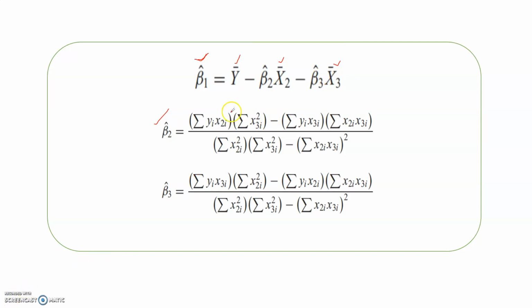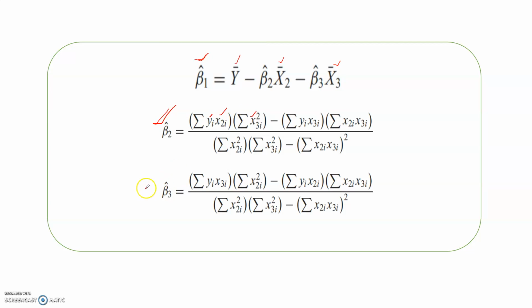For calculating beta 2 hat, we can apply this formula. Here you can see that y, x2, x3, all these terms are written in deviation form. So first of all, we'll have to find the deviations and only then we'll be able to apply this formula to find the value of beta 2 hat.